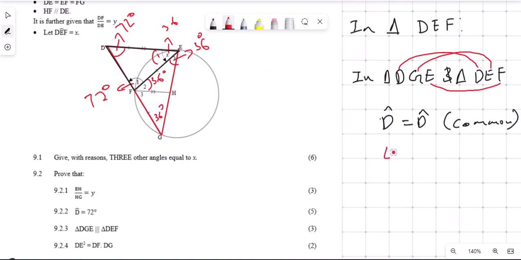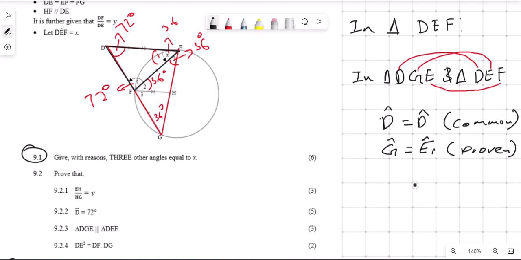Angle G is equal to angle E1. You just go to the diagram and check how they are equal. It was proven in number 1.